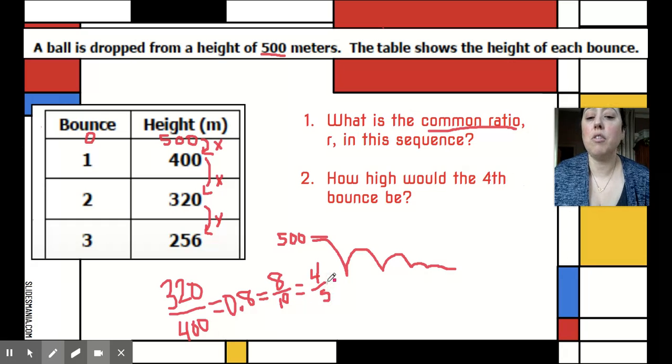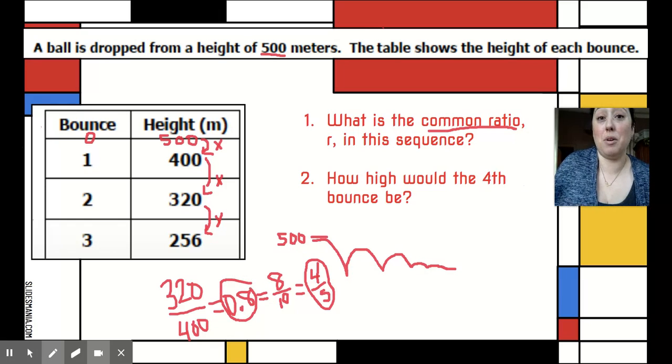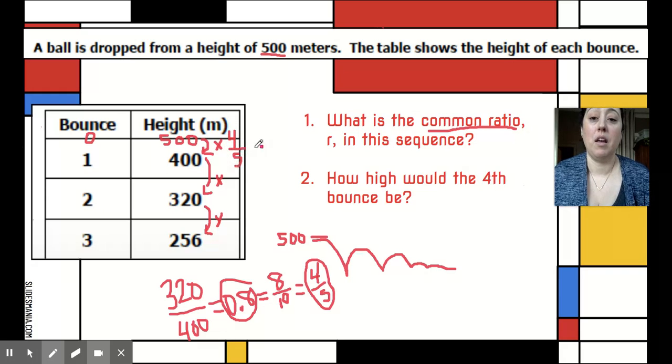Okay, so these are all equivalent. I would probably either choose the simplest version or the most reduced version of the fraction or this decimal. So again, I'm never going to put divide by, but I am going to put times maybe a fraction like in this case. Okay, all right, so the common ratio is either 4/5, 0.8.